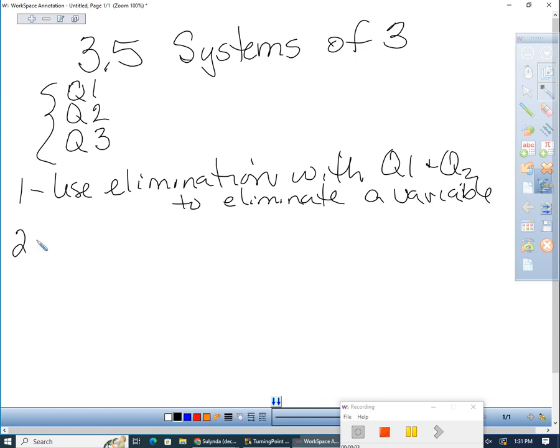Step 2, use equation 2 and equation 3 to eliminate the same variable.